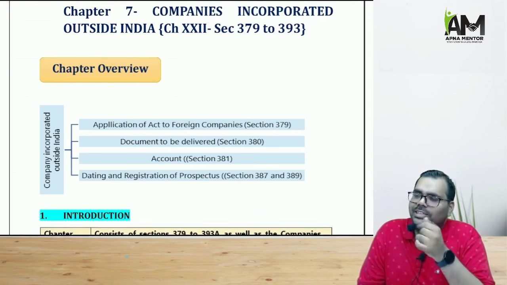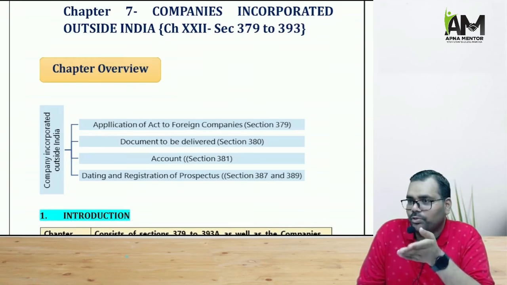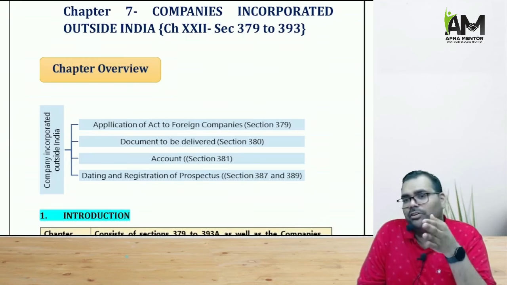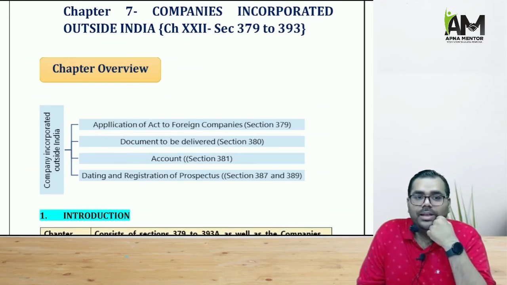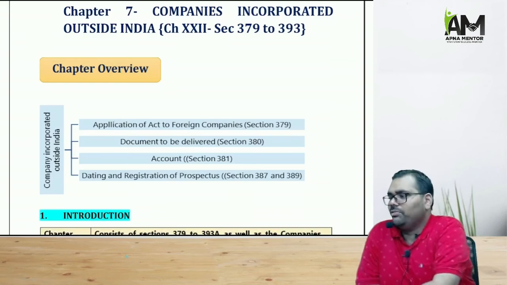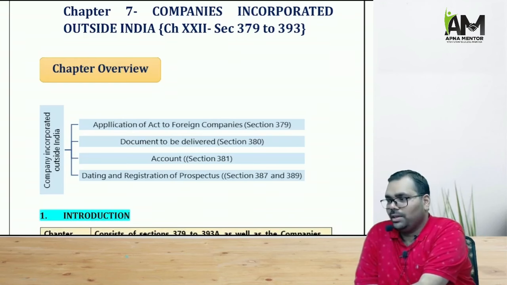Now, which ROC? Again, a very good question. If you are a company starting business in Maharashtra, you inform the Maharashtra ROC. If you are starting business in Karnataka, normally you inform the Karnataka ROC.